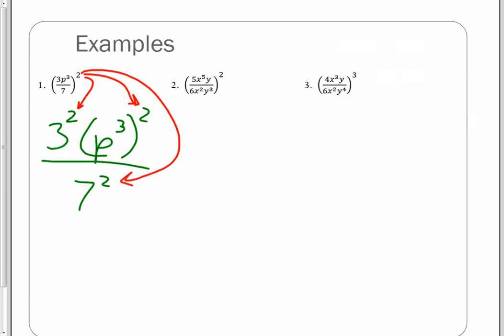Simplify for me. What's 3 squared? 9. How about p to the 3 to the 2? That's P to the 6. How about 7 squared? 49. 7 times 7.